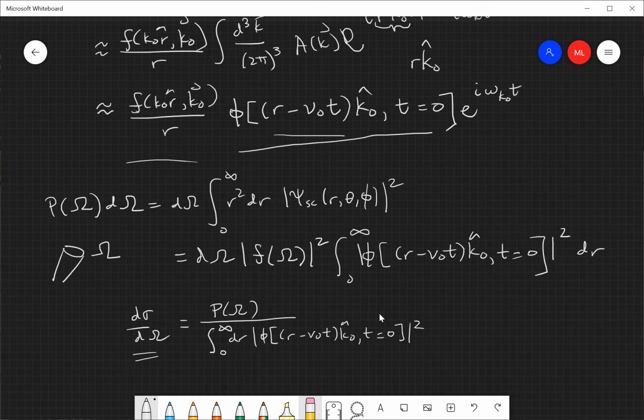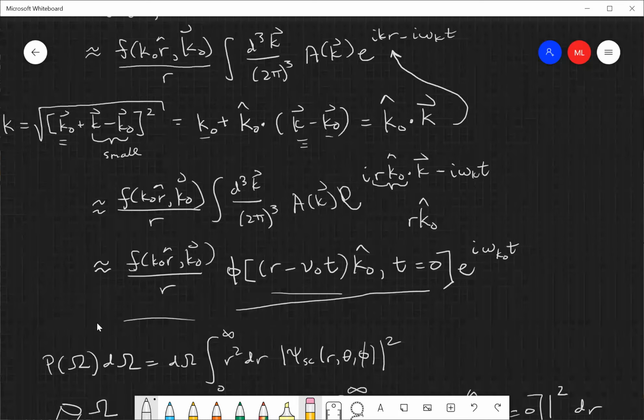And so now you see that everything basically cancels, and what you find is that this is just, as we would expect, the scattering amplitude squared. So even if you use the wave packet description, the scattering cross-section still makes sense. It's still going to be equal to the scattering amplitude squared.